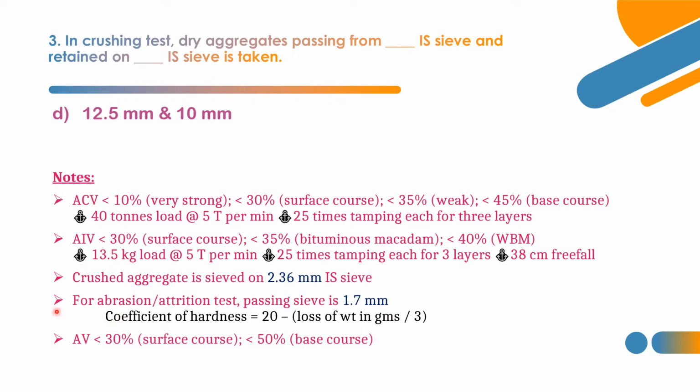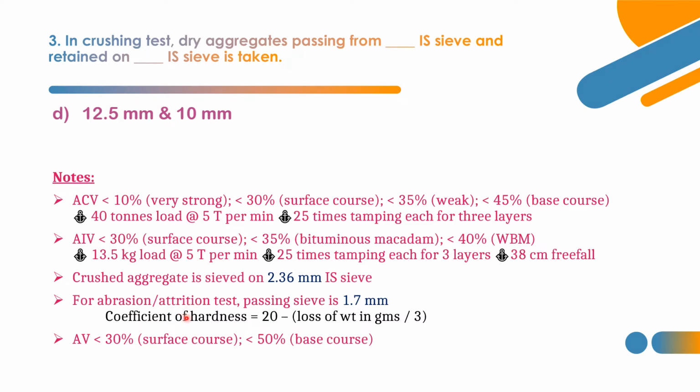And the next test is the abrasion test or attrition test, like the Los Angeles abrasion test and Dover attrition test. Abrasion means rubbing action occurring between aggregate and steel, or the drum material or the Los Angeles apparatus material.